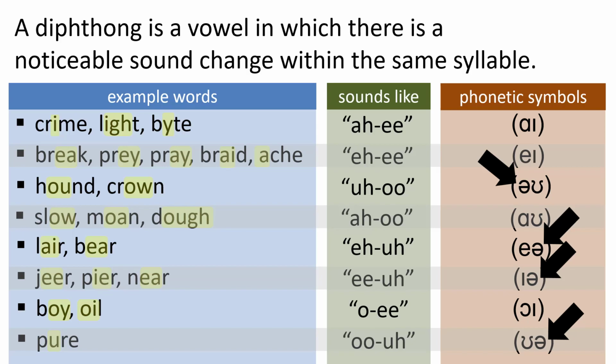One more thing to say about the schwa is that it can be created by any vowel. So when you see a vowel in a word, it might be pronounced like a schwa. And that's why it's the most common vowel sound in English. So if you've not heard of it, go and have a look at the lesson.